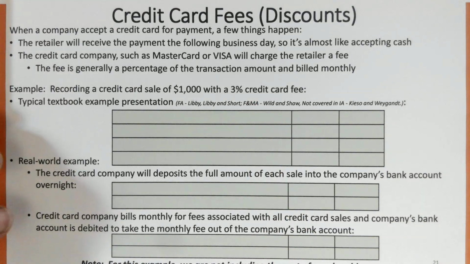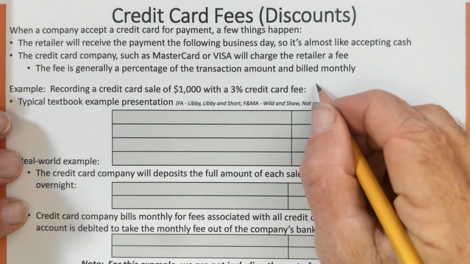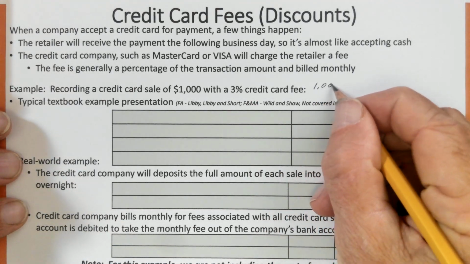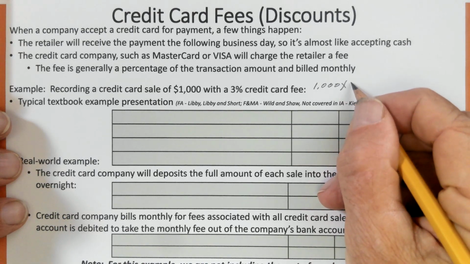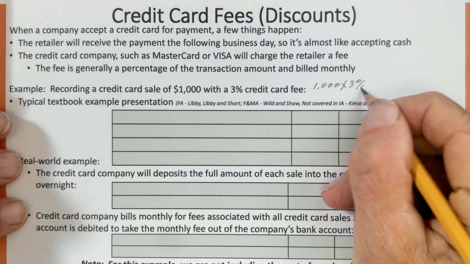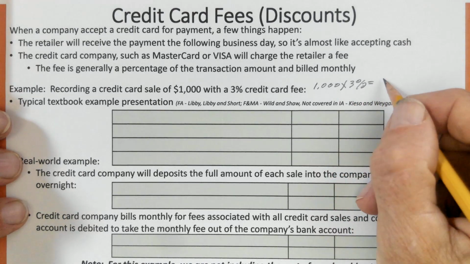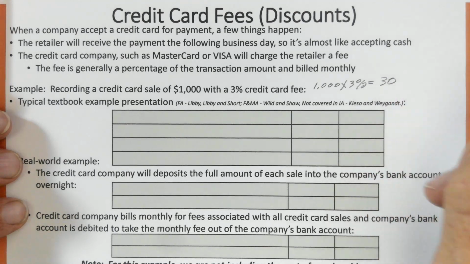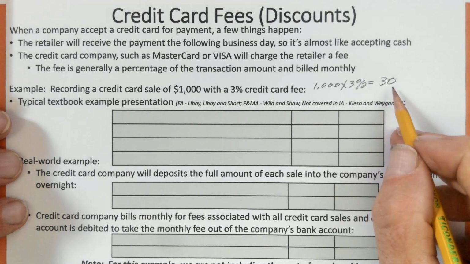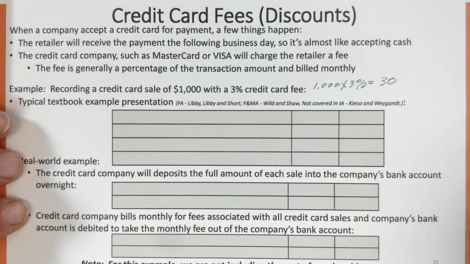So let's see, if it's a $1,000 sale and we got a 3% fee, that 3% is going to equal $30. So not a tiny amount here. So we need to record the sale and take into consideration this credit card fee or credit card discount.